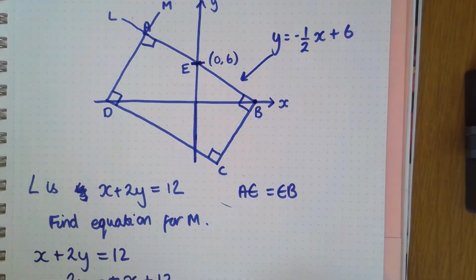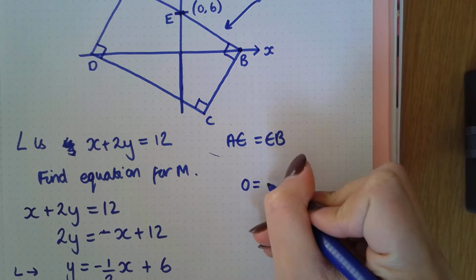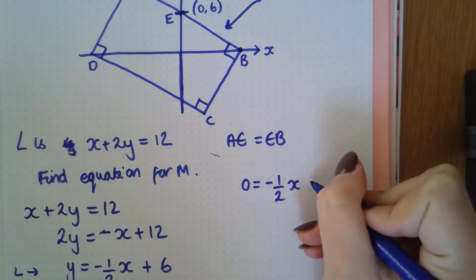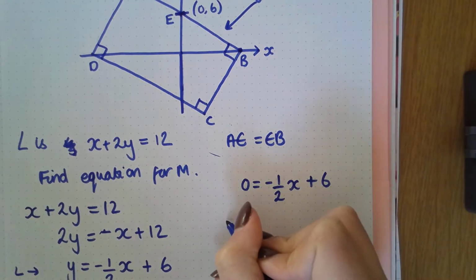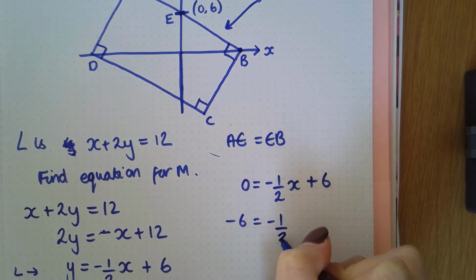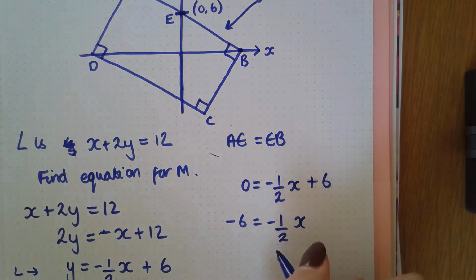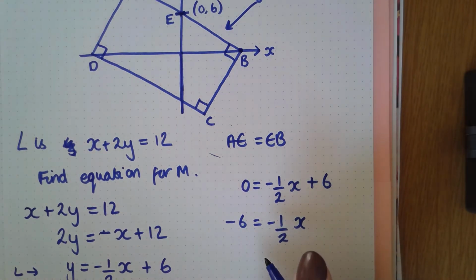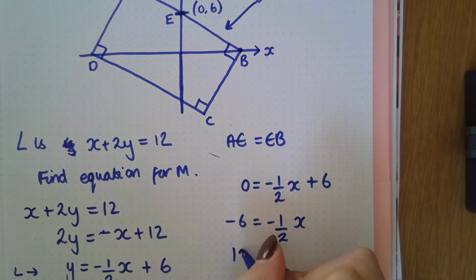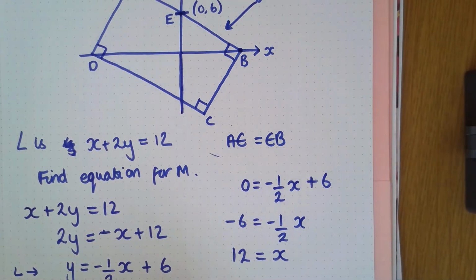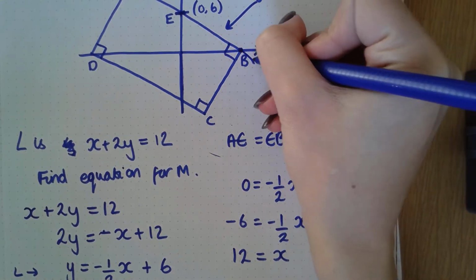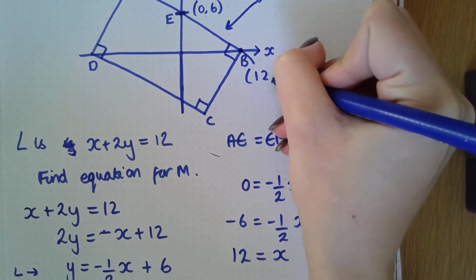So if I set y equal to 0, I've got 0 equals minus a half x plus 6. Take away the 6. I divide by minus a half, which is the same as timesing by 2. So I've got 12 is equal to x. So I know that that point here is 12, 0.